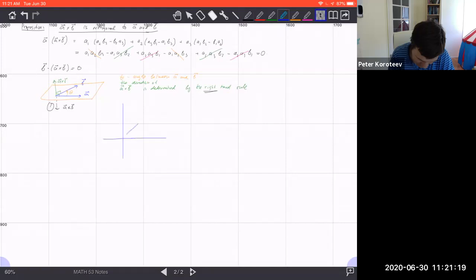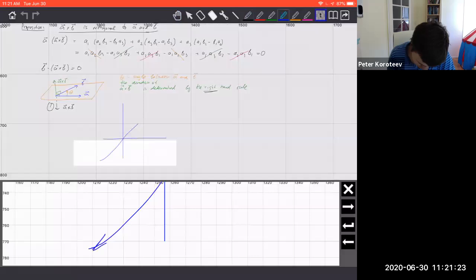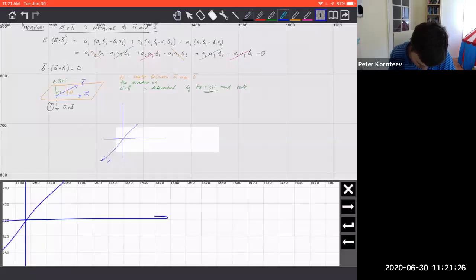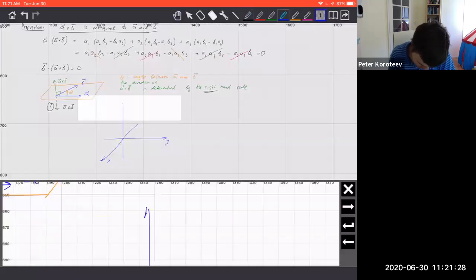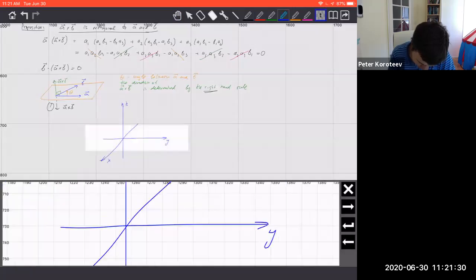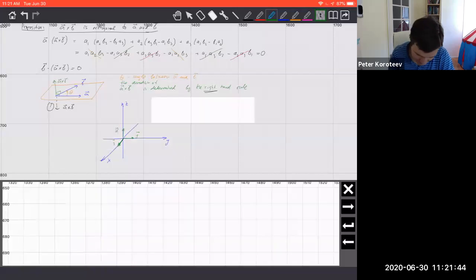Draw the system of coordinates again: X, Y, and Z. Let's take our basis vectors I, J, and K, and calculate the cross product of I and J. Let's use the formula.